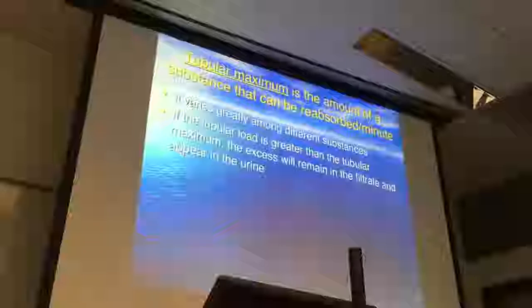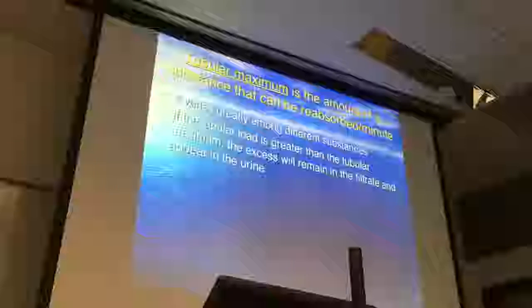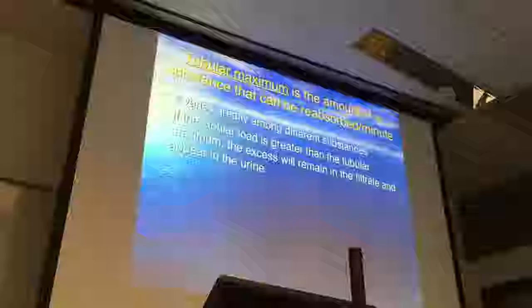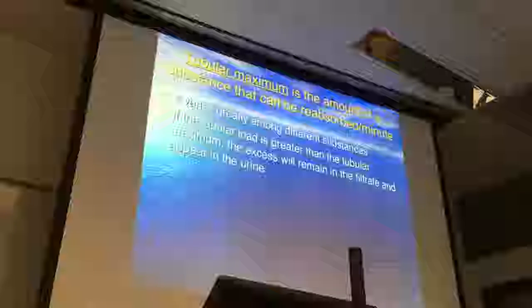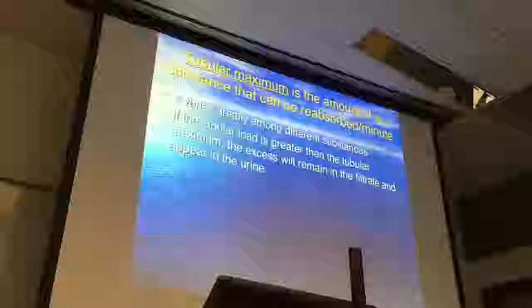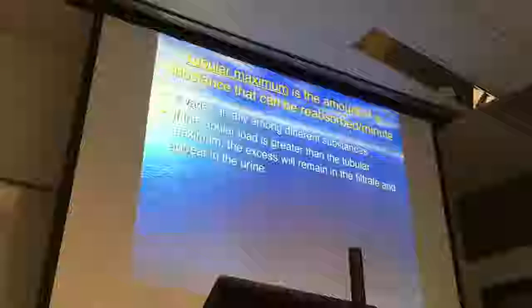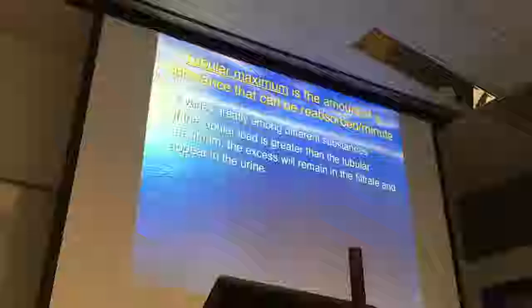Can you recover all of that? Yeah, because 180 is the maximum you can reabsorb and only 120 is coming in. Got it? If you have diabetes, you can have up to 200, which means you absorb 180 of that, the 20 goes into the urine, and you end up with glucose in your urine. For most normal individuals, the tubular maximum is so high that those substances are completely reabsorbed.